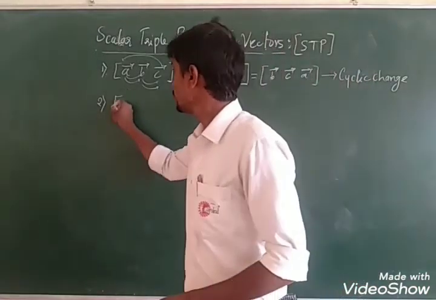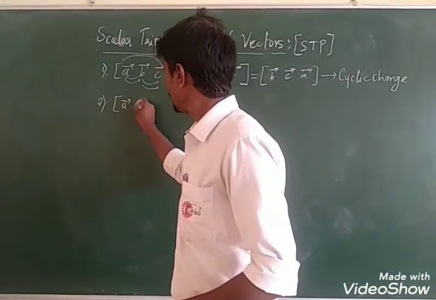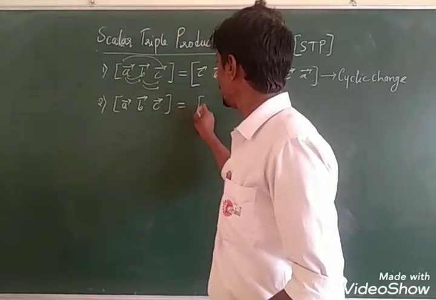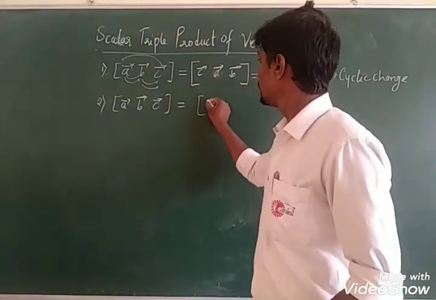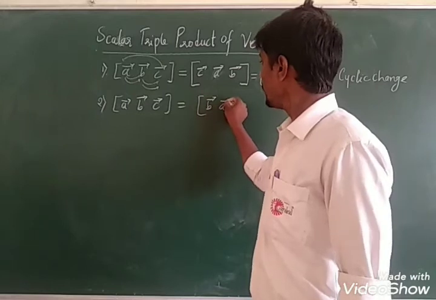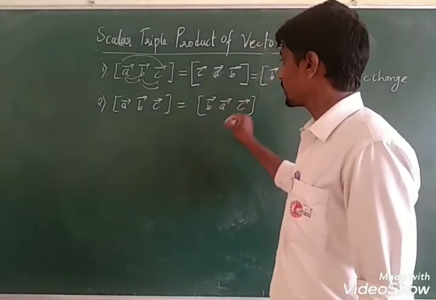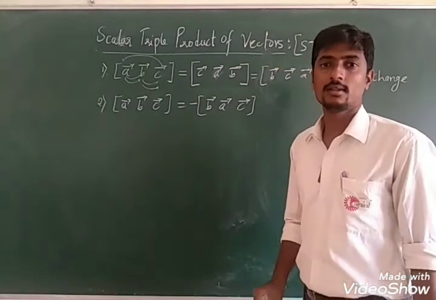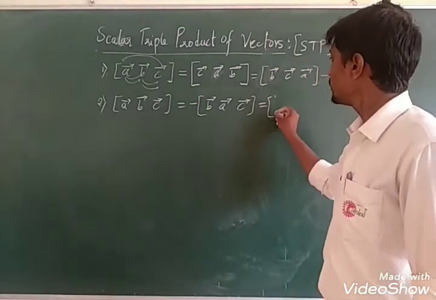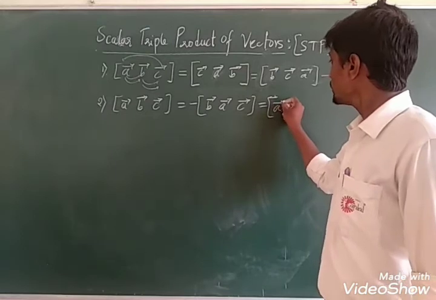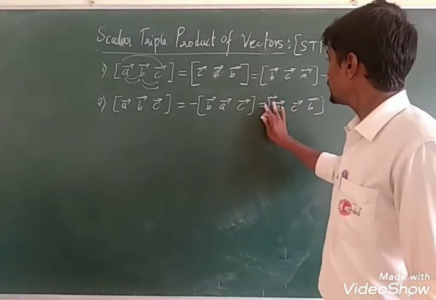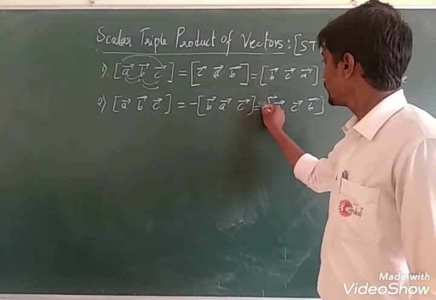So take vector A, vector B, and vector C. If I change A and B, so vector B and vector A are interchanged but vector C is kept as it is, the value gets multiplied by minus. If I change B and C, keeping A as it is, the value is also multiplied by minus.